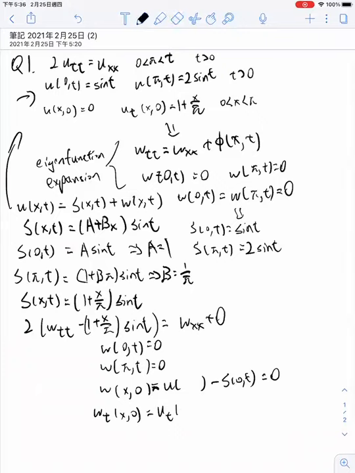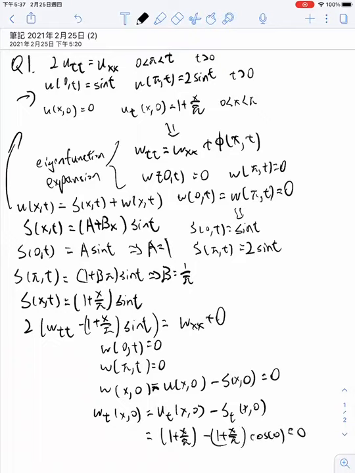Sorry for the mistake. So now the problem becomes a form like this.